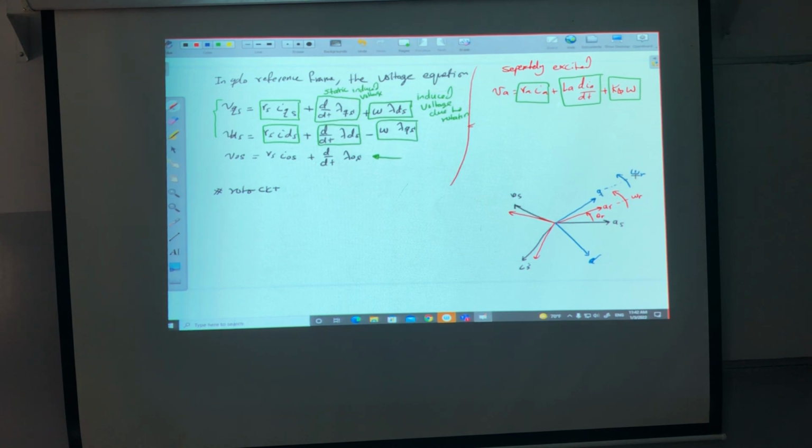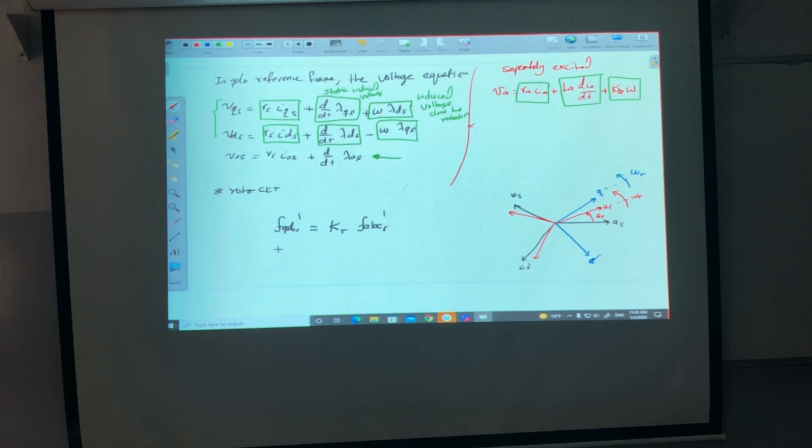So simply now, if I need to do the transformation, given F ABC R dash, I need to calculate the F QD0 R dash, correct? So here I will put KR. And if I need to calculate the opposite, given the Q and the D, I need to find the ABC, I need the inverse.